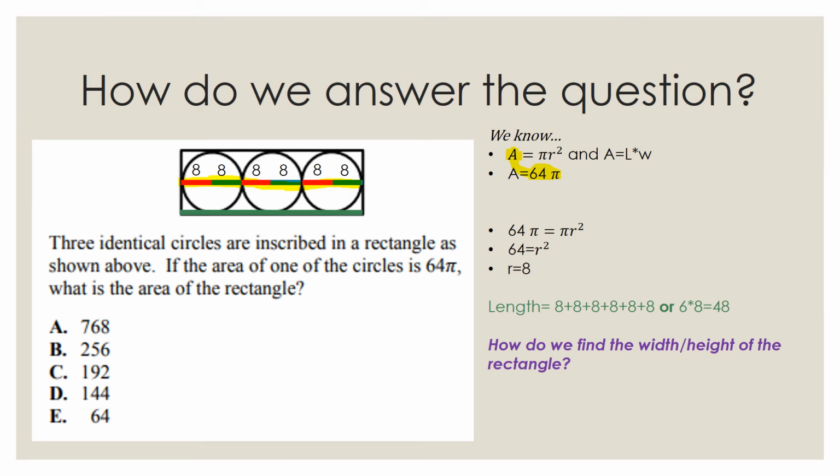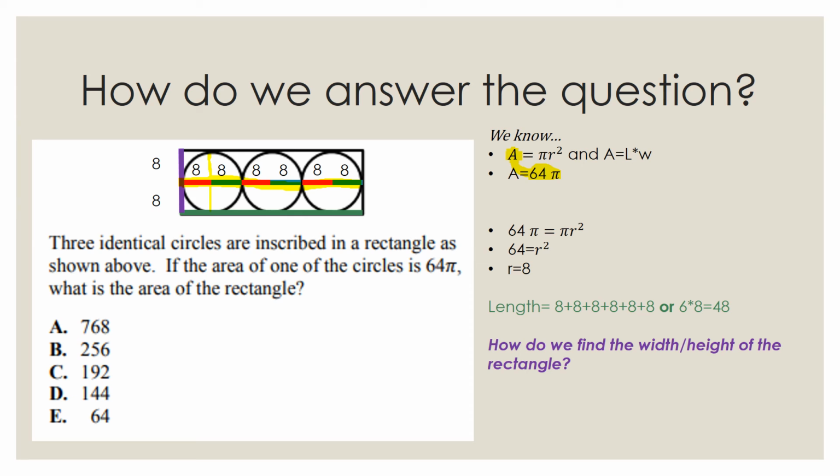But how do we find the width, or the height of the rectangle? So that's going to be this purple line over here. How do we find that width? Well, we need to remember that the radius of these circles will go from the center to any point on the circle. So this can also go to the top here. It can also go to the bottom.